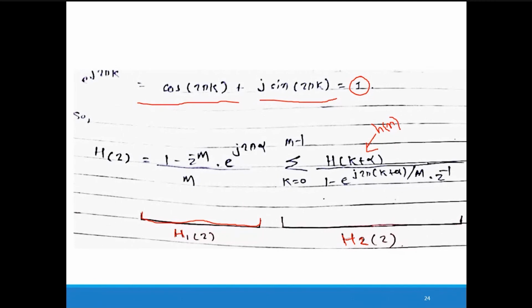So that's why this structure is known as a frequency sampling structure. It is an implementation based on the frequency samples, not directly from the frequency response or the impulse response. Okay, all of you clear up to this? Please note down these last two equations.